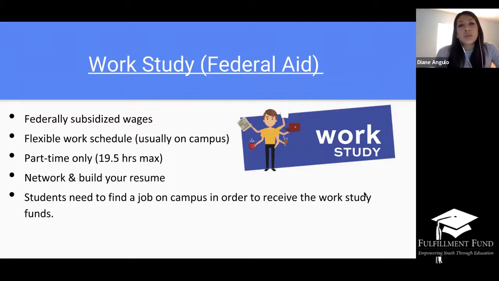An example of these jobs can be working at the college campus dining hall, or working maybe at a cafe or the mailroom. You usually work up to 19 hours max, and you're able to network. It's a great opportunity for you to meet other people on campus. And again, students, in order to receive the WorkStudy funds, they do need to find a job on campus.